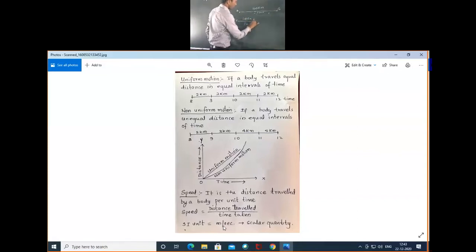Again from B to C, it travels 50 kilometers, which may take 1 hour. So the speed over here was less compared to A to B. So you have to calculate the average speed for this. Understood?